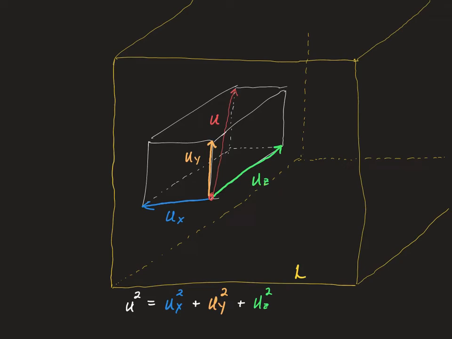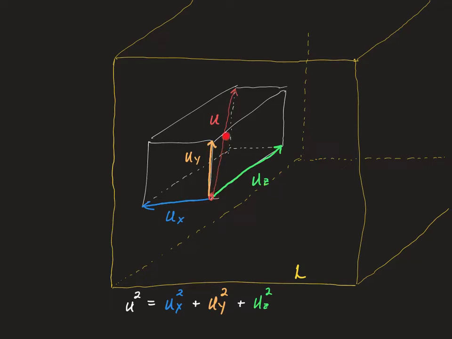Okay, this was a little difficult to represent, but I tried, as a way of explaining how we get the average speed. So say we have a particle moving in the box. So here is our box of length L on each side. So this is L, and the depth is L. And we have a particle not moving in just the X, the Y, or the Z direction, right?